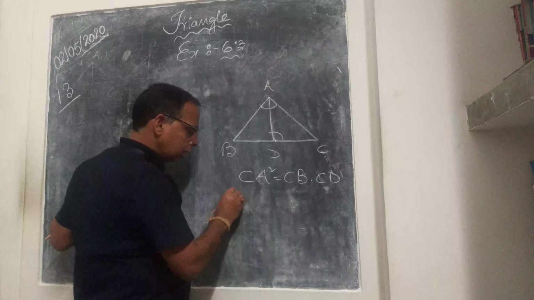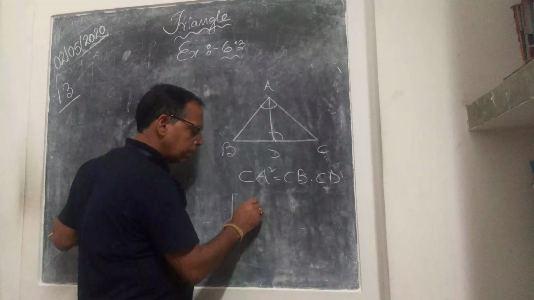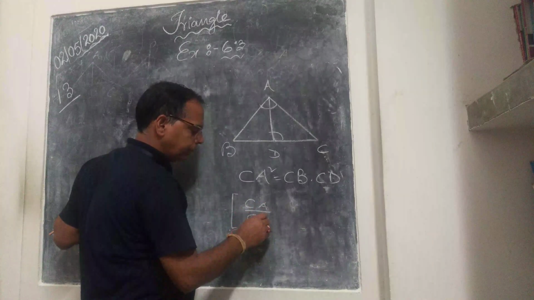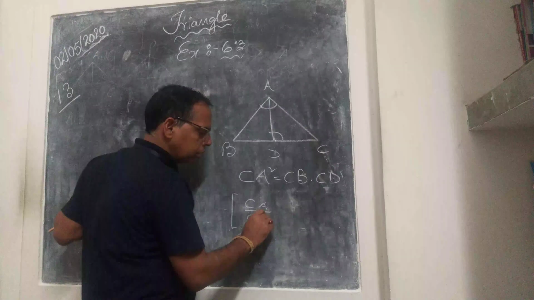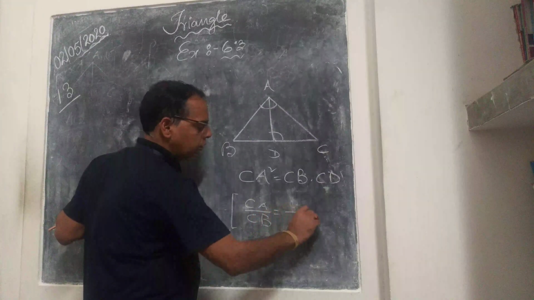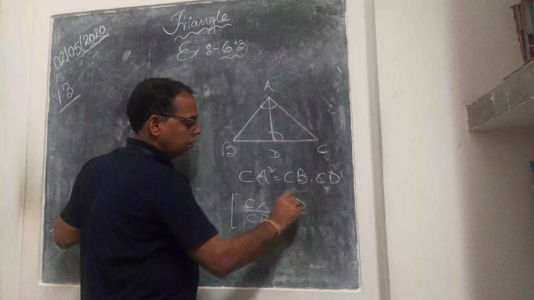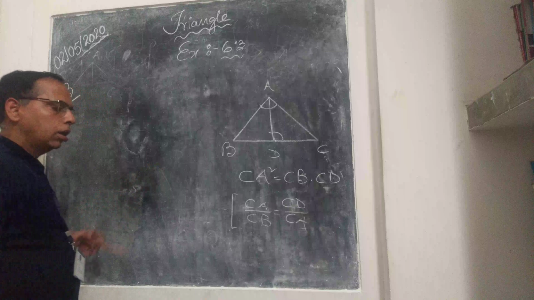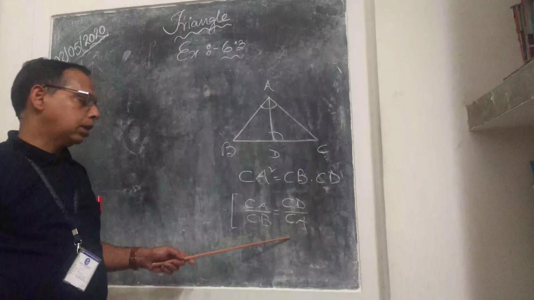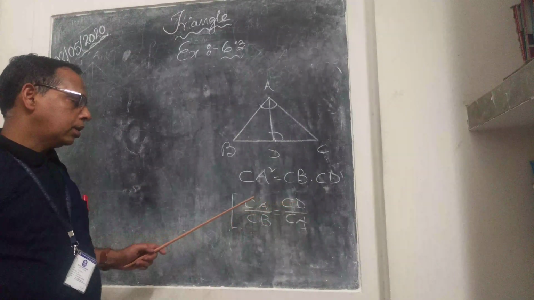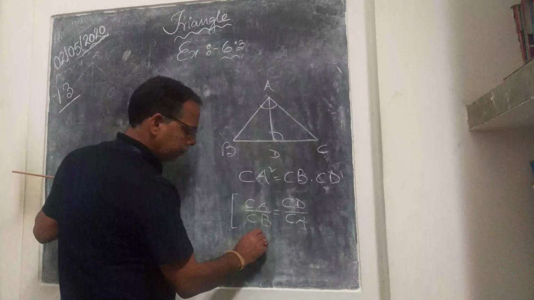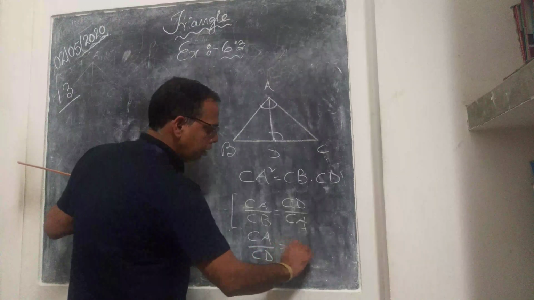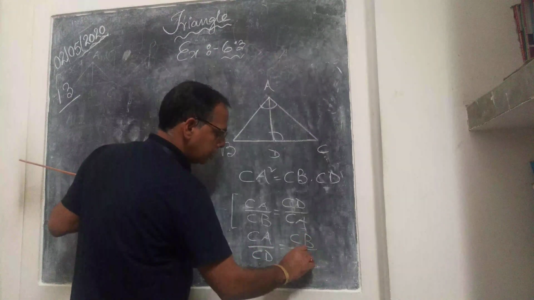This is not needed for the purpose of the exam, but you see CA by CD equals CB by CA.